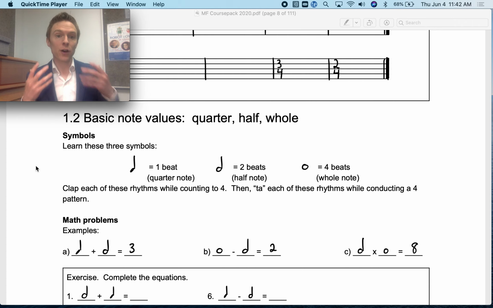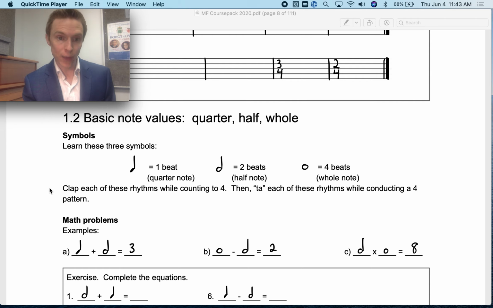Now let's get a sense of what these notes actually sound like in real time. And to do that, we're going to do these little exercises here. So for the first one, I say, clap each of these rhythms while counting to 4. In other words, we're going to count 4 beats over and over again. 1, 2, 3, 4, 1, 2, 3, 4. And we'll just keep that pattern going.